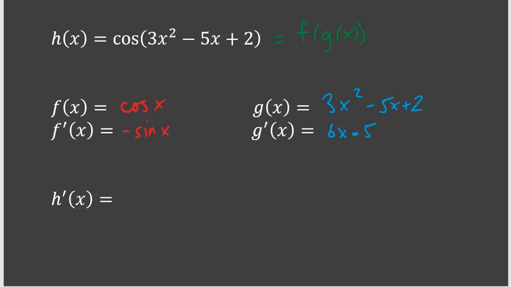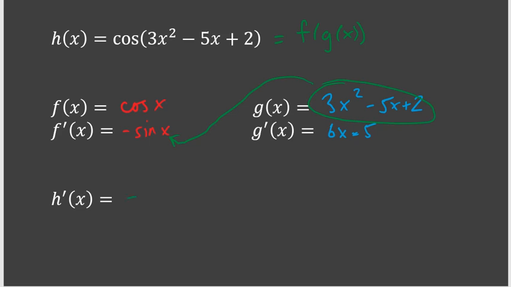So I'm going to take these pieces and substitute them into the formula for chain rule. The formula for chain rule says that h prime is going to be f prime of g of x. So I'm going to take this whole thing right here and have that take the place of the variable that's in f prime.